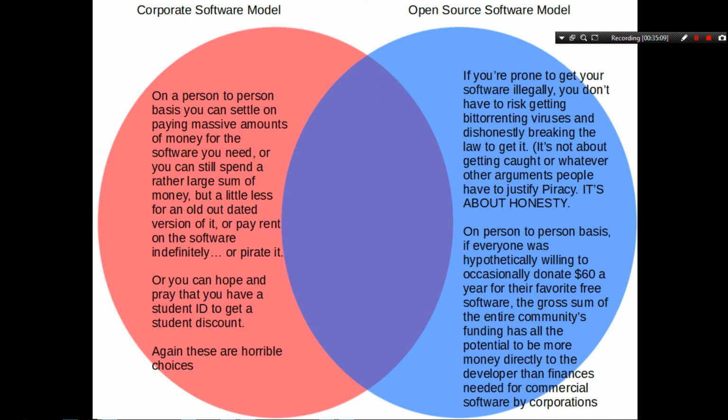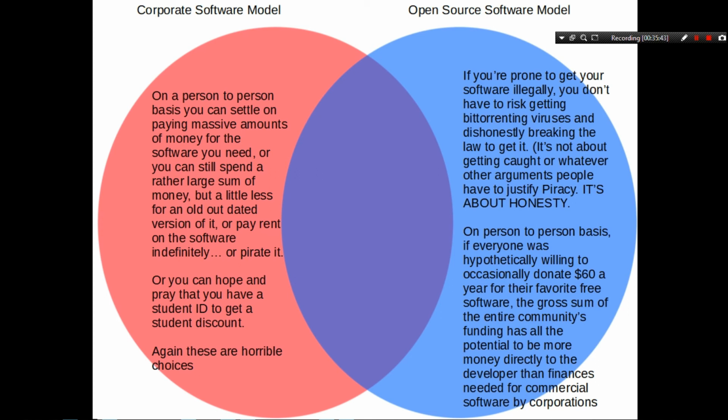So basically, what I'm saying is, on a person-to-person basis, just with a $10 donation here and there, not very much money every year, if everyone that uses open source software donates just a little bit here and there occasionally, the open source community would have every opportunity to have just as much funding for each and every iteration of their software as a commercial piece of software.